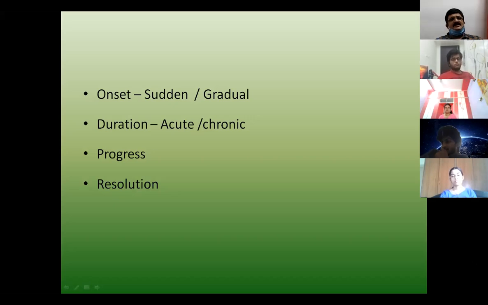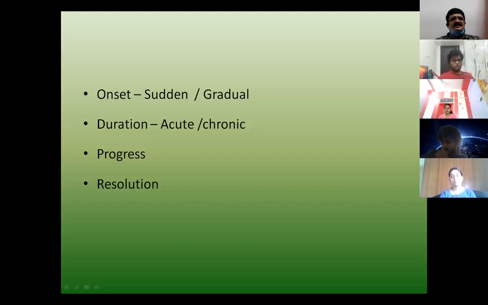This term means that the patient is not aware of when the disease has started. Then you are supposed to use the term insidious in onset. If you are clear how the disease process has evolved, how it has started, then you are supposed to use either of the terms like sudden in onset or gradual in onset.